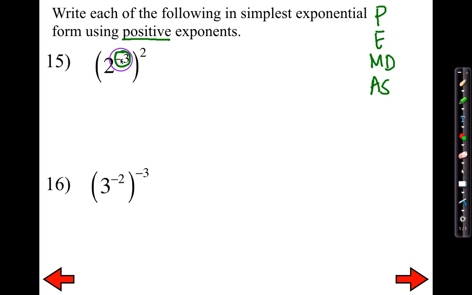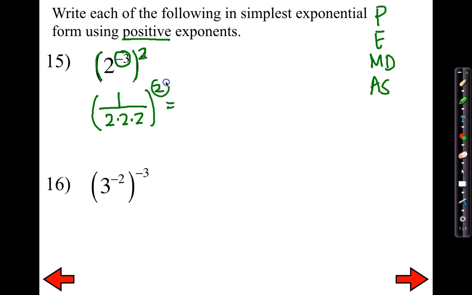Well, negative exponents represent repeated division. So I'm going to go ahead and change this to repeated division. I'm going to start with 1 and repeatedly divide by 2 a total of 3 times. So 1, 2, 3. Now be careful. Notice it's still being squared. So I'm going to go ahead and square this entire thing. Now what would that look like?